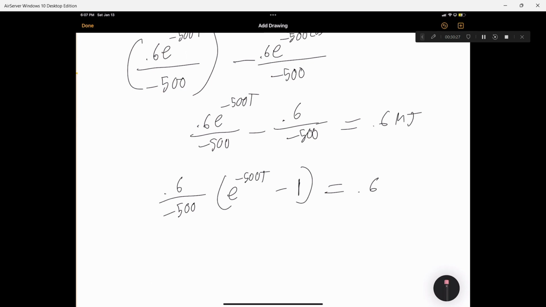We can convert so we don't mess up from milli to joules, which is going to be 0.0006. Let me make sure. Yep.